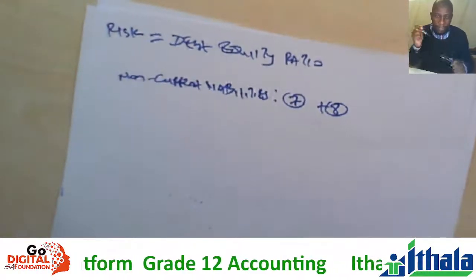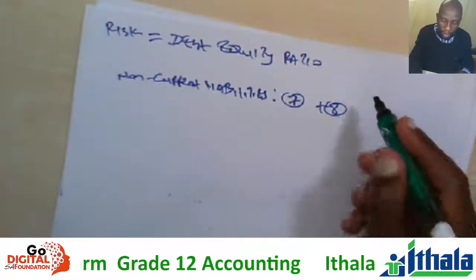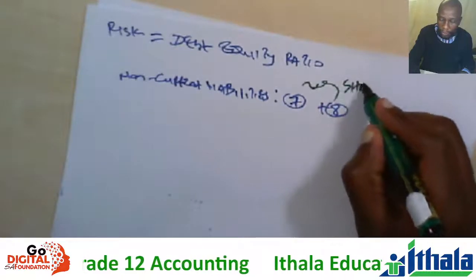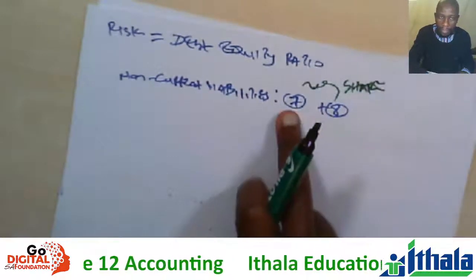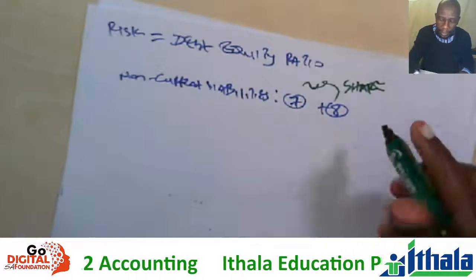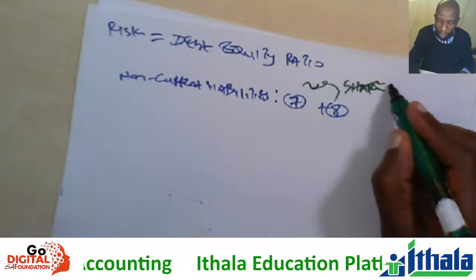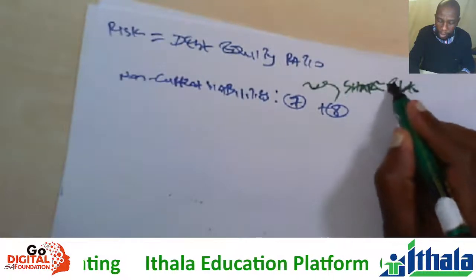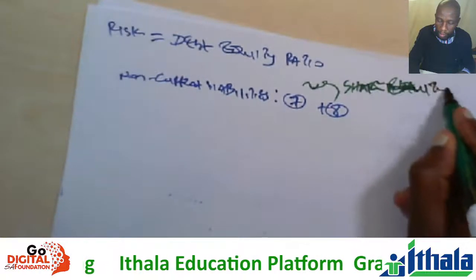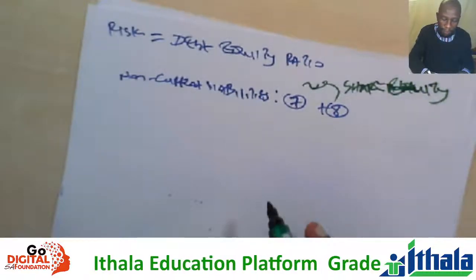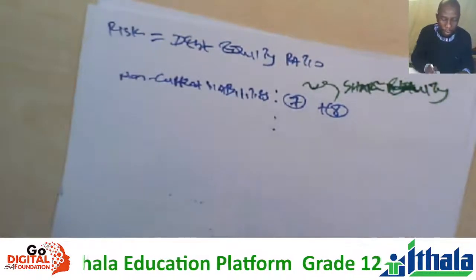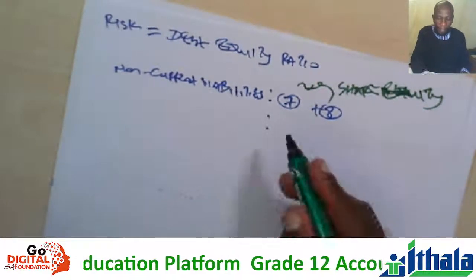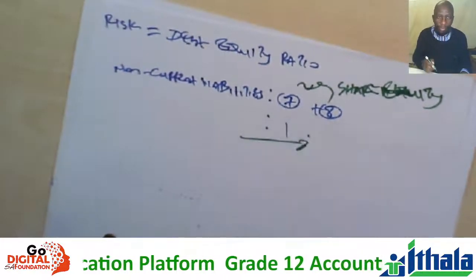That is the shareholders' equity, that is capital plus retained income. Share equity, that is note number 7 plus note number 8. So here we'll be having 3 figures, this figure, that figure, and that figure. And then you get your answer, something is to 1.